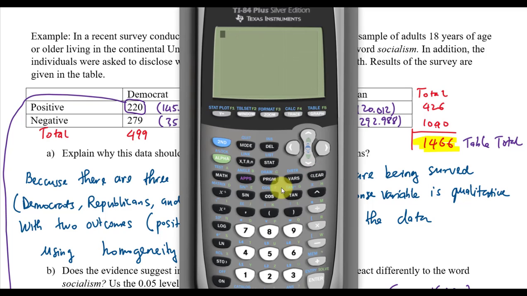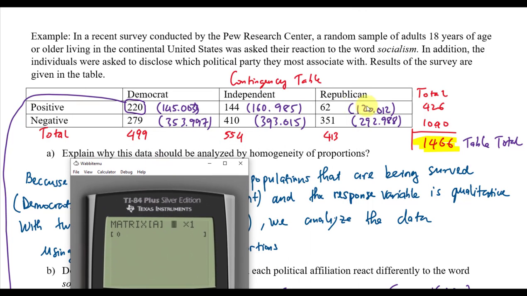No, sorry, you have to go to edit, because we need to edit the matrix first before we use that. Alright, so click on that, and I know that this matrix is this table.